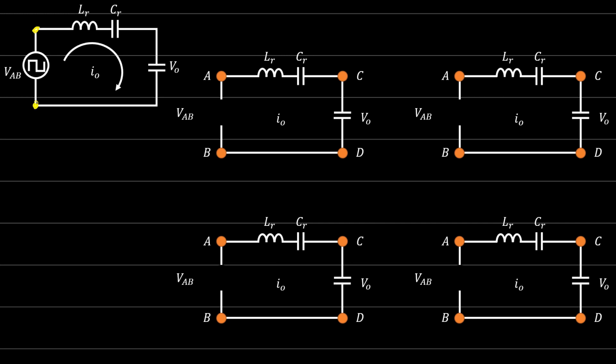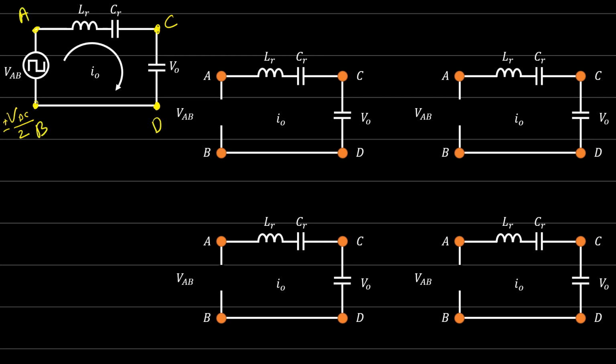inverter and replace it with a VAB voltage source, from plus VDC over 2 to minus VDC over 2, right? And here the output is connected to a capacitor, so I'll say that the output here is V out, which is the same output on the resistor. This is CD, right? And this is AB.